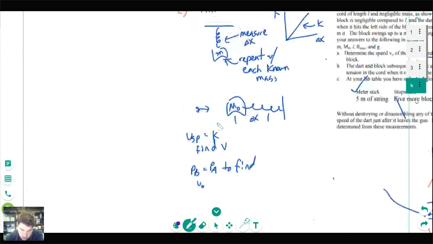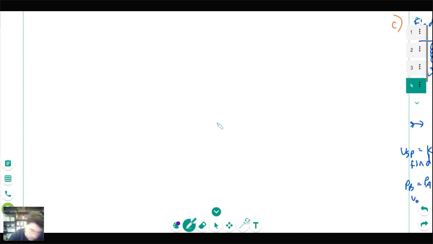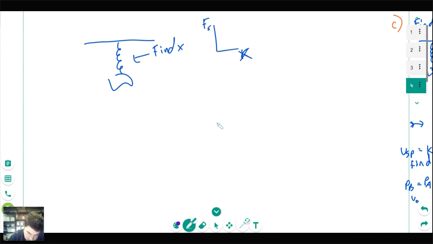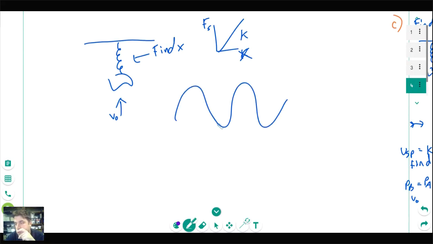I wonder, and this is me just thinking out loud here, if we could do the same stuff to find the spring constant before. So we're going to measure x with a different mass on there, make our plot, force versus x, find k, stuff like that. But now I'm wondering if we shoot the dart into the block and have it start oscillating up and down, we could figure out, based on the equilibrium position, where everything goes.